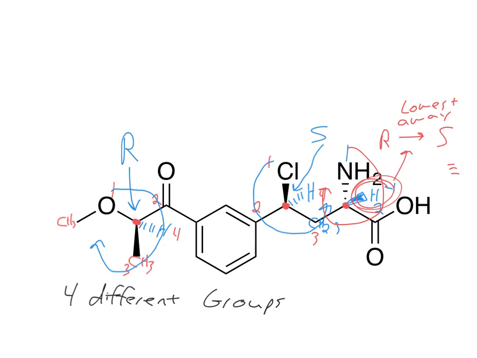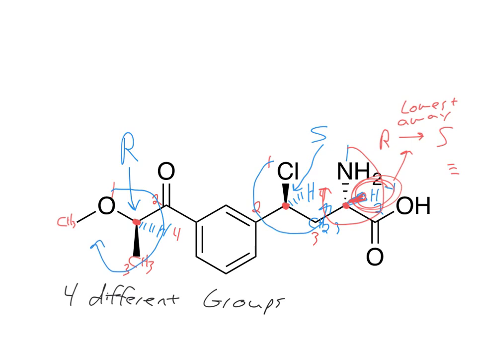And so that's why a neat trick that we can do is if this is wedged, is that we can just flip our answer from R to S or S to R. Now, if the lowest priority would have been in the plane, then we have to redraw the molecule. So we need to rotate it to put that lowest priority going away from us. Alright, so make sure that you're really careful that the lowest priority is going away from you.